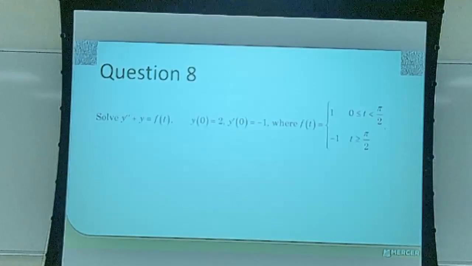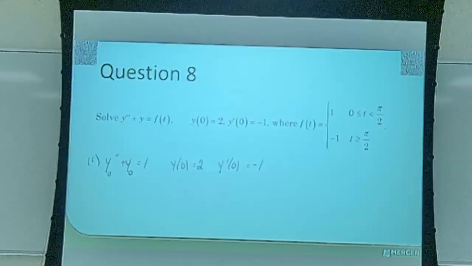All right, so step 1 is to solve this, except I'm going to add a little caveat, and I'll put knots down there. That is not a difficult, very common initial value problem to solve.